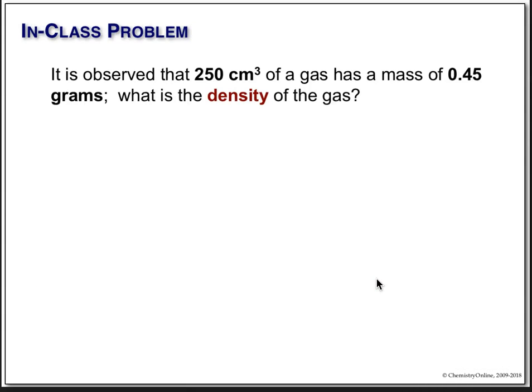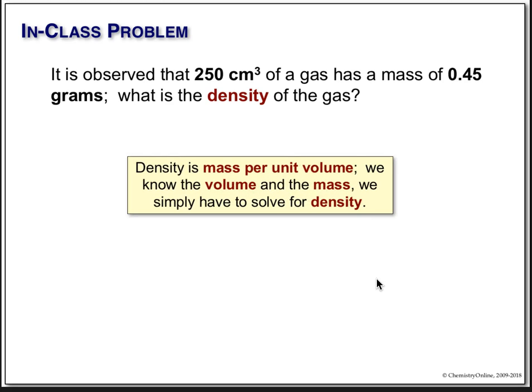All right. We have 250 cubic centimeters of a gas. It weighs 0.45 grams. What's its density? You can pull out your calculators if you want and play along. We remember, of course, density is mass per unit volume.